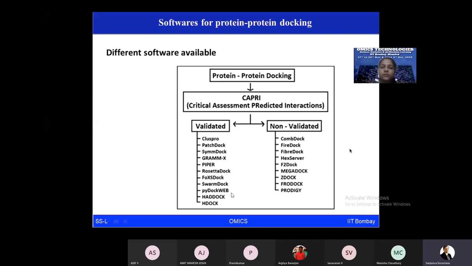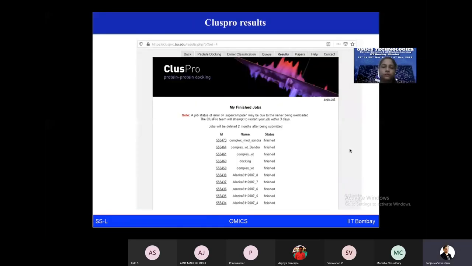These are very widely used by the bioinformatics community. In this session, we will talk about the software ClusPro. Now we will go and try to do it online.